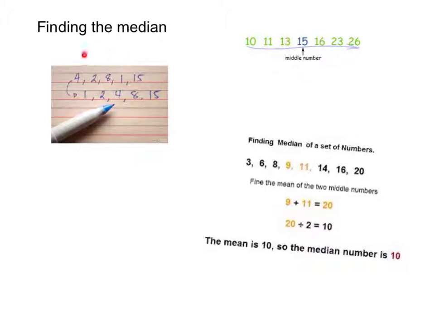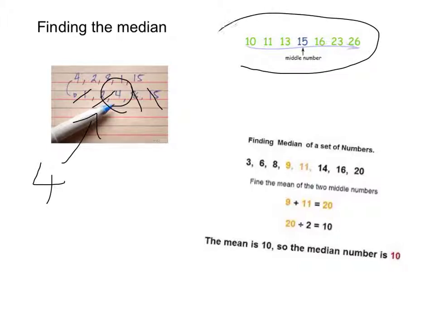If we look at this one, you can see step 1 was to write the data out in order, and once it's in order it's really easy just to cross off from both sides to find the median. So the median for this example was 4. Again, looking at this set of data, it's been put into order. I can cross off each side, leaving my middle number 15.